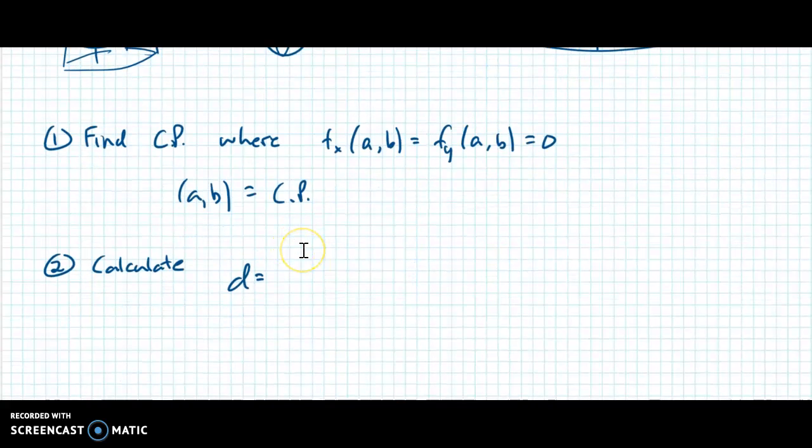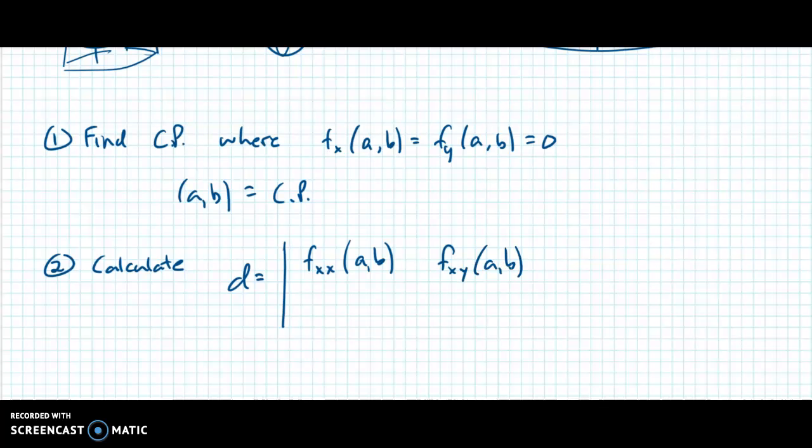So what is D? D is equal to a determinant. That's why we use D. And in the top left, I have the partial x, right? So f sub x x of a comma b. And then in the next one, I have the mixed partials, so f sub x y of a comma b.